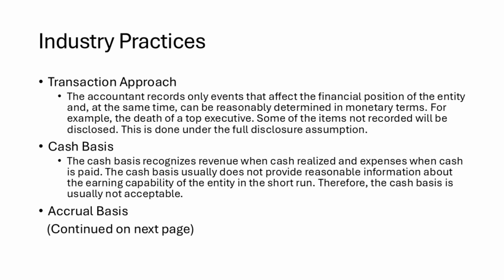The entity may have expensive strikes by employees or have a history of labor problems. A major competitor may go out of business. All these events may be significant to the entity, but they are not recorded because they are not transactions.